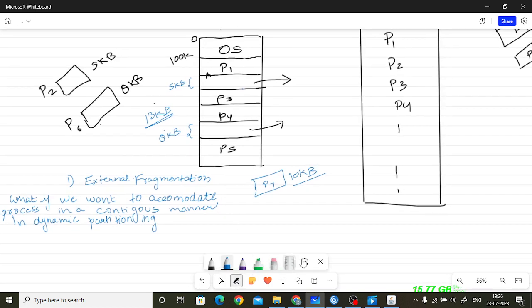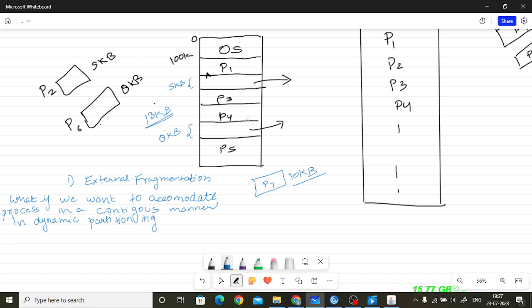A compaction is a method in which we move processes from one place to another place in a memory, in order to accumulate the amount of free space in our main memory.